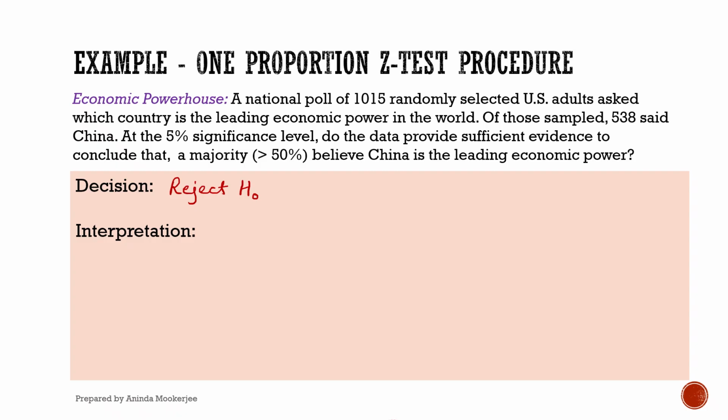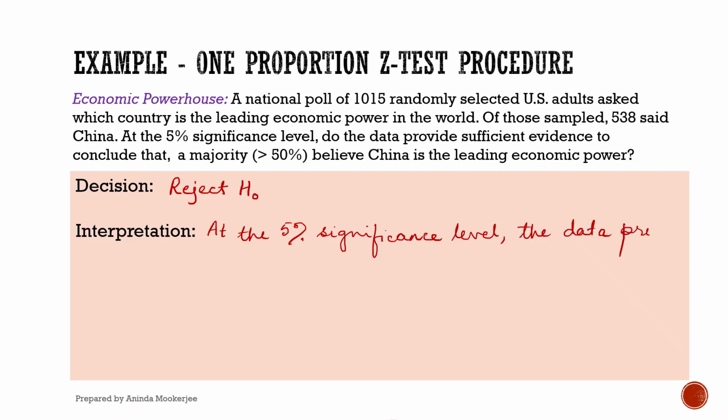All right. For the interpretation, we are going to start with stating the significance level at which we perform the test. So we are going to say at the 5% significance level, always qualify your test with the measure at which you perform the test. So at the 5% significance level, the data provides sufficient evidence.